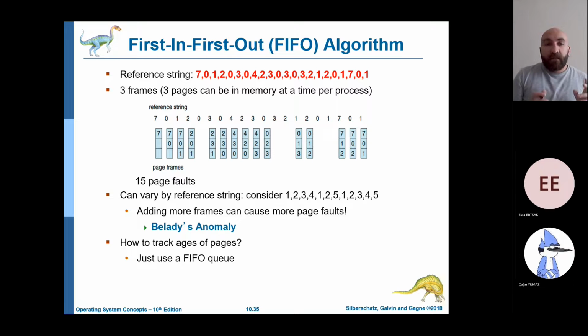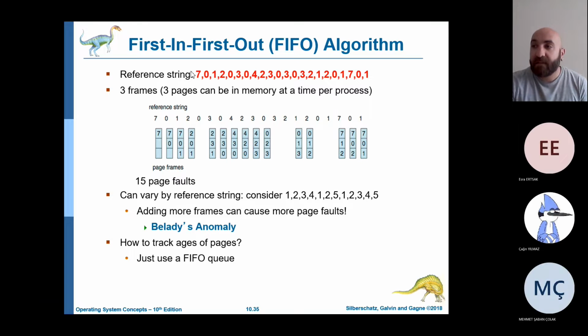Notice that it's not strictly necessary to record the time when a page is brought in. We can create a first in, first out queue to hold all pages in memory. We replace the page at the head of the queue, and when a page is brought into memory, we insert it at the tail of the queue.